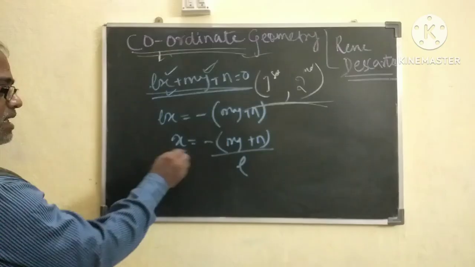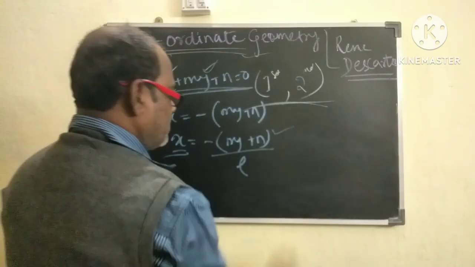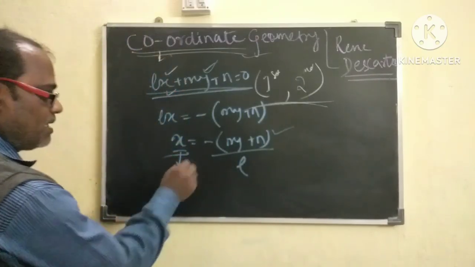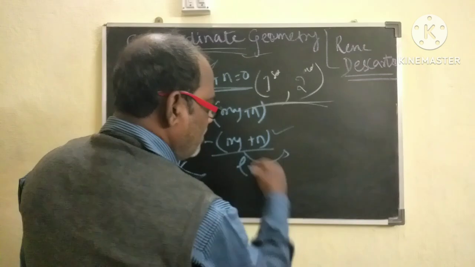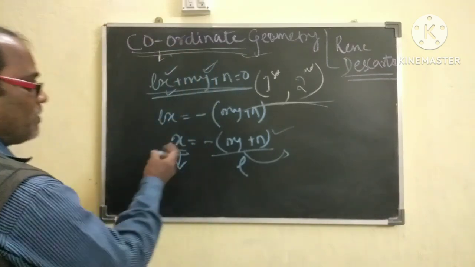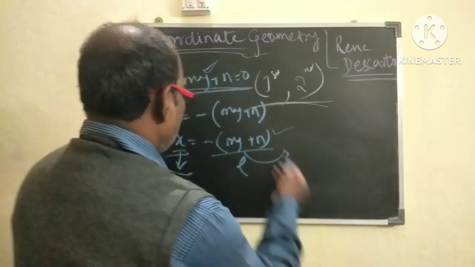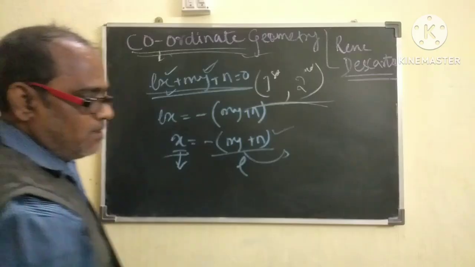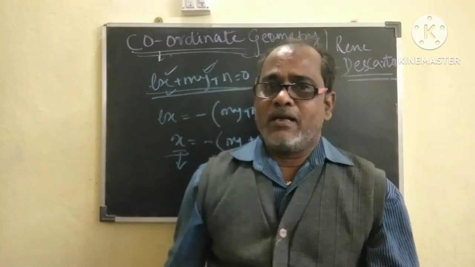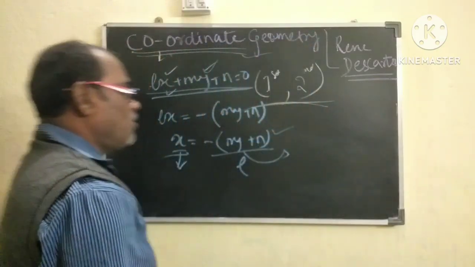See here, x is dependent on this. So we say x is dependent and we say y is an independent variable. Now in the same way we can make y the subject, which will be dependent on x.